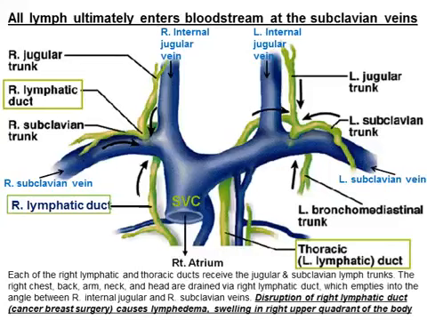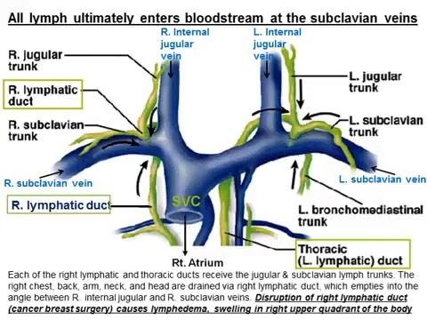Here we have the left subclavian vein, which unites with the left internal jugular vein to make the left innominate or brachiocephalic vein. The right subclavian vein unites with the right internal jugular to make the right brachiocephalic or innominate vein. Both innominate veins unite to make the superior vena cava that ends in the right atrium.